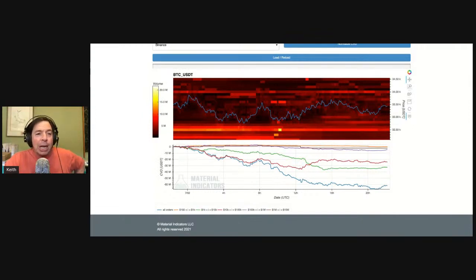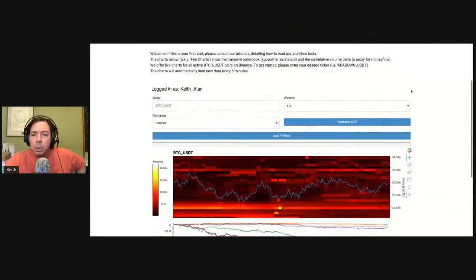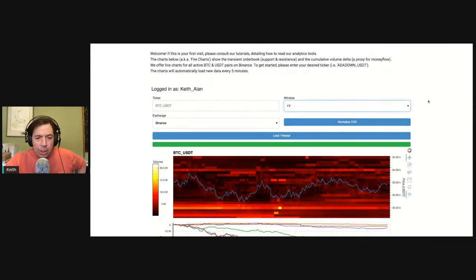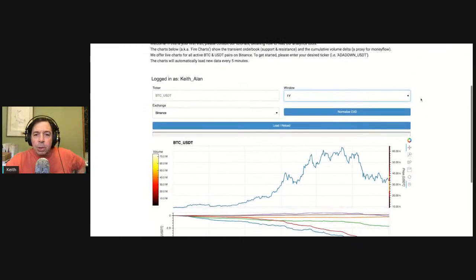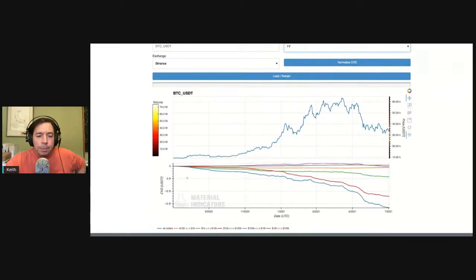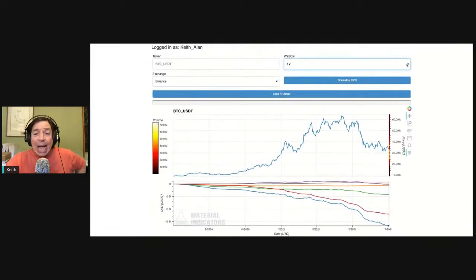Let's look at that again real quick, okay? On the high time frame chart, we can see that in the 1 year even. Actually, let's look and see exactly what they bought and what they sold.